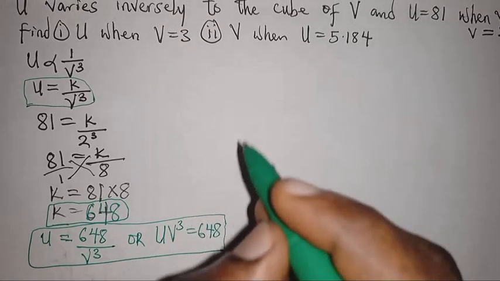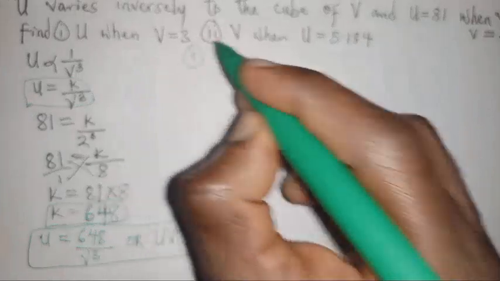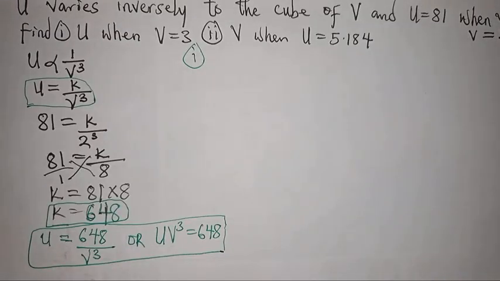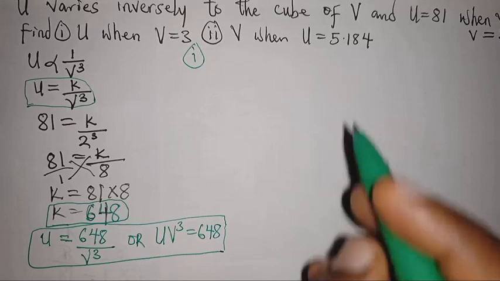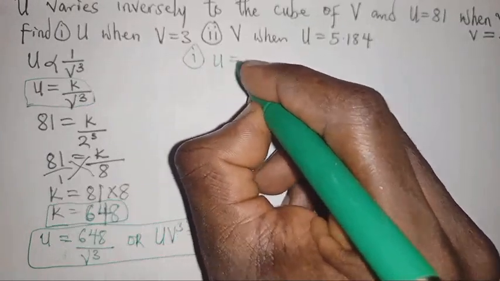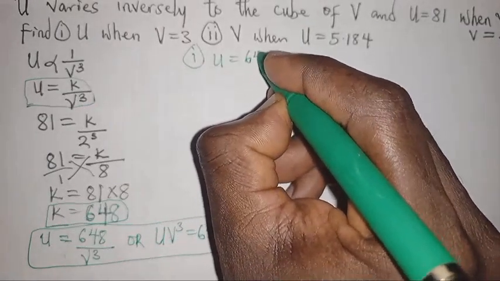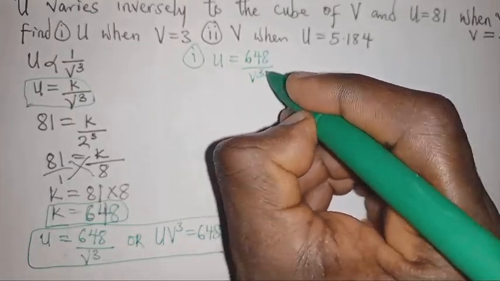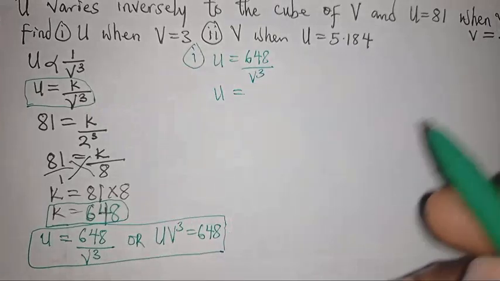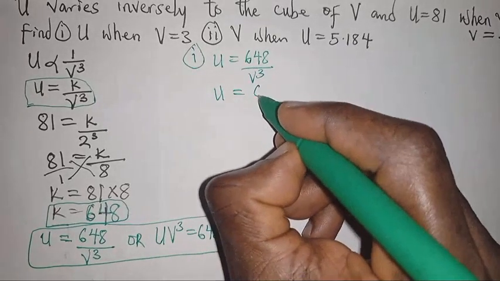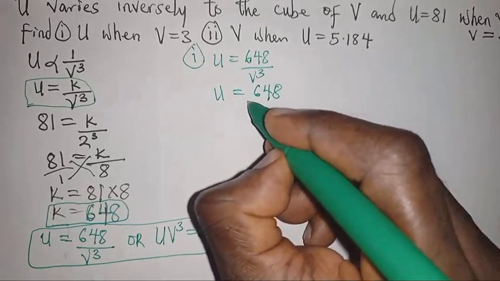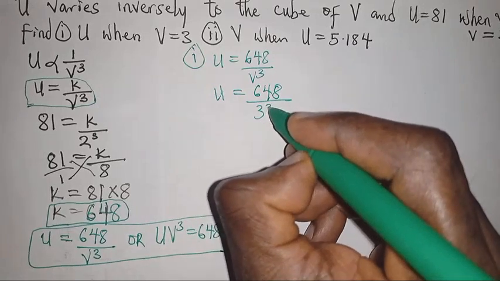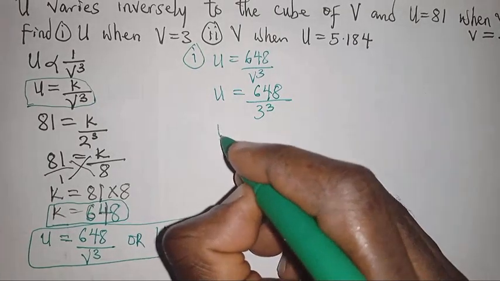Now the first part of the question proper says find u when v equals 3. So u when v equals 3 is simply, remember the relationship, u equals 648 over v cubed. So u when v equals 3 is 648 divided by 3 raised to power 3.